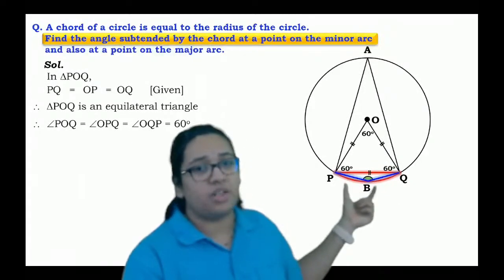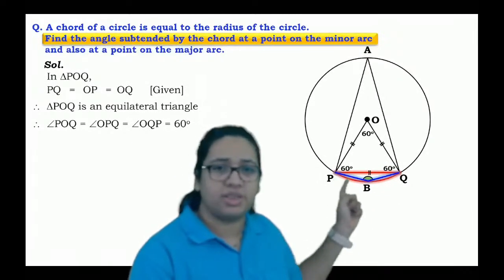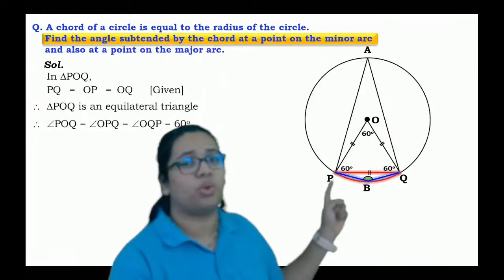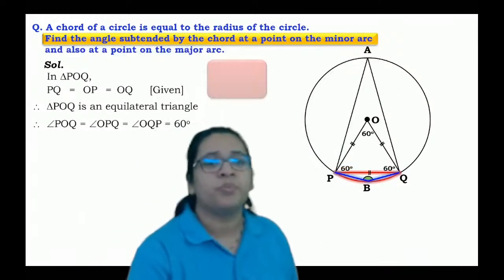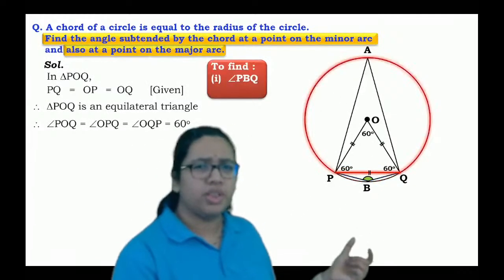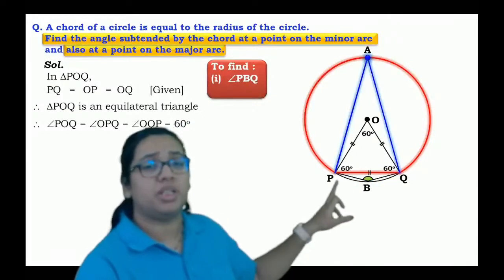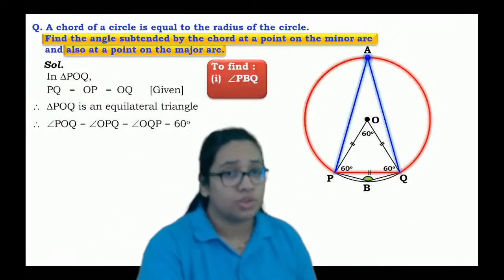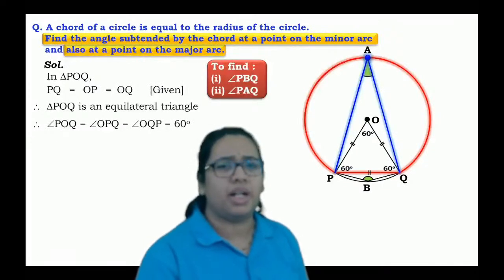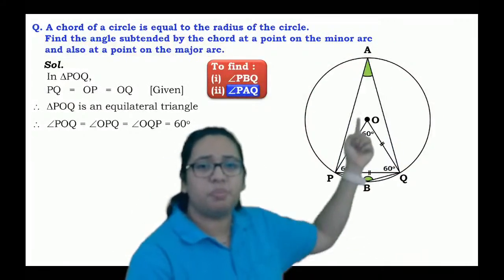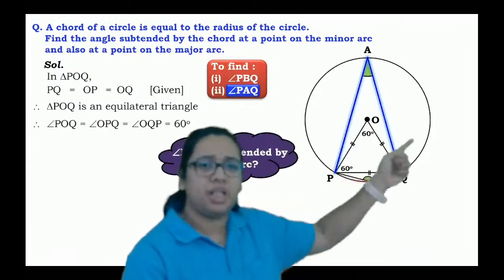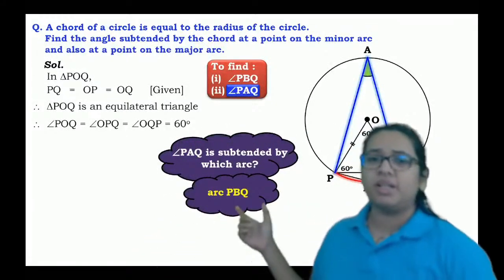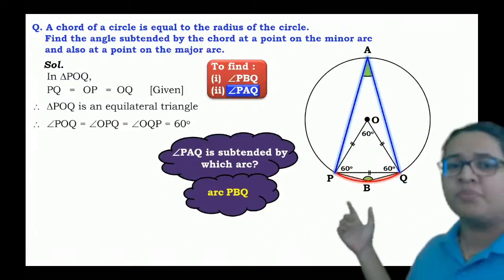The first case is that we have to find the measure of angle PBQ, and the second is PAQ. First of all, we'll find the angle PAQ, because we know the theorem that both the angles POQ and PAQ are subtended by the same arc.